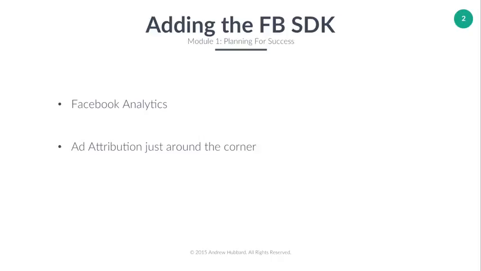And I'm not just talking Facebook ad campaigns, I'm talking they've got about 10 of the major advertisers on board, but you'll be able to track your users depending on which ad network they came in or which ad campaign they came in through, and then you'll be able to see which ones are most valuable, which ones are performing different actions. It's going to be some really cool stuff, so it's going to be worth having the SDK in there for those couple of reasons.